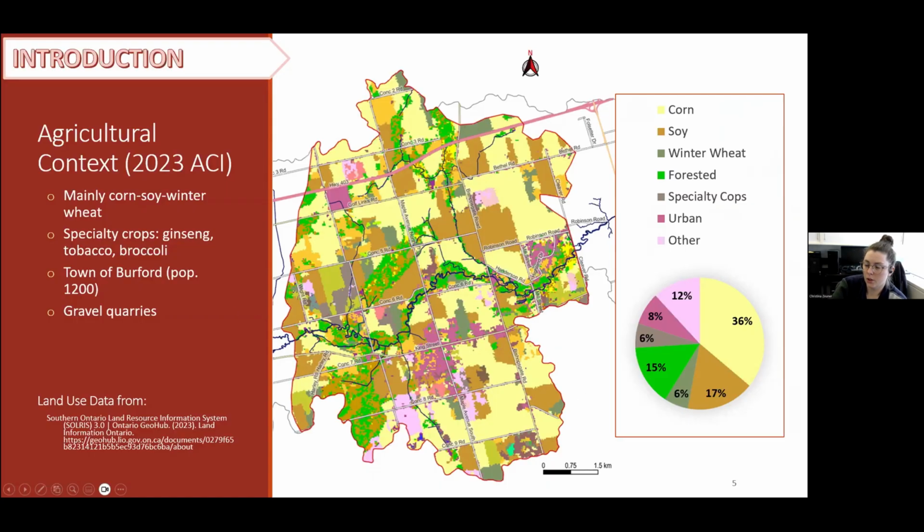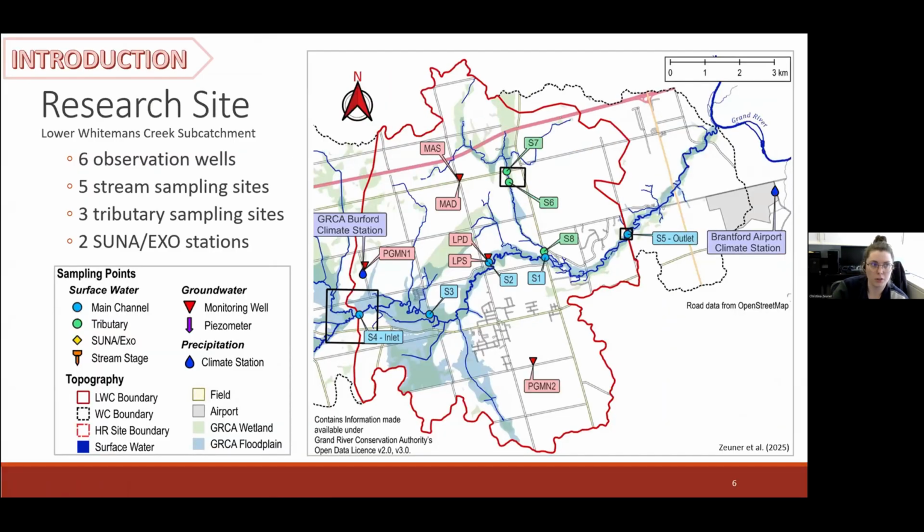For our actual sampling, we have quite a lot of sampling sites set up in this area. Basically what we've got here is 6 main observation wells that we're looking at.